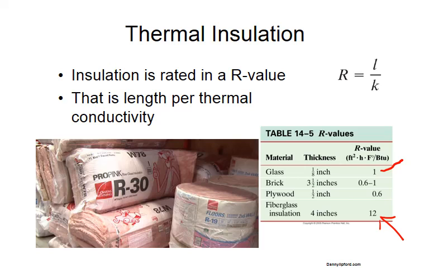If you notice here, this insulation of R 30 is much higher. So different thermal insulation is used for different situations. As you consider the thermal conductivity of these different substances, some transfer energy more effectively than others.